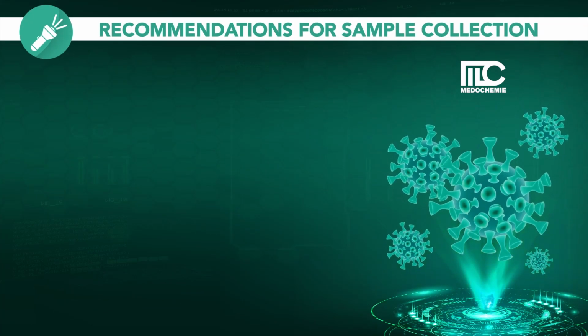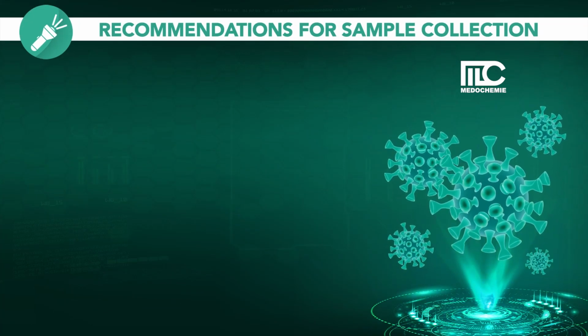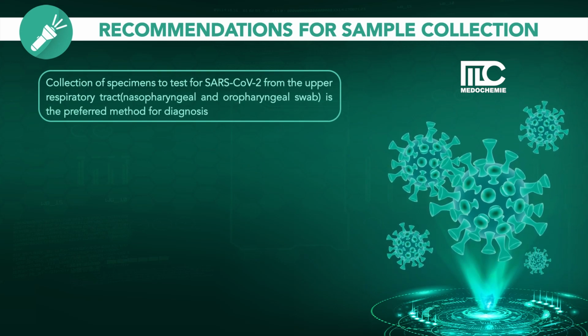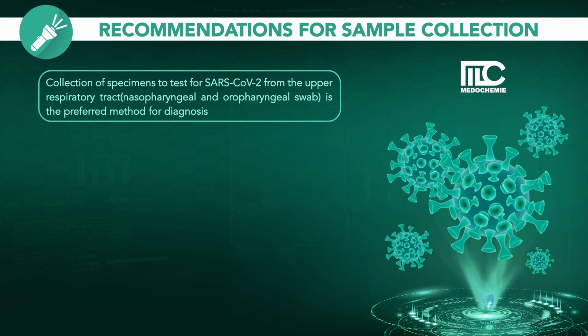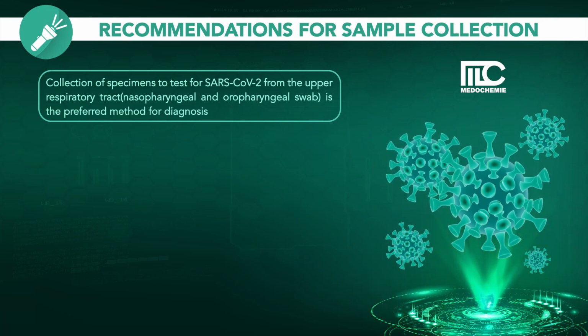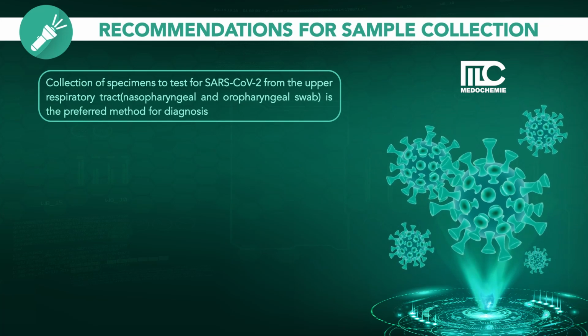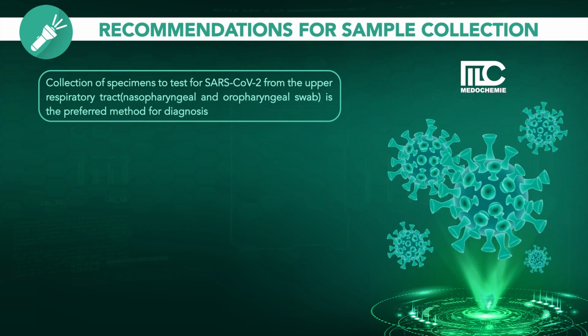Recommendation for sample collection. First, collection of the sample to test for SARS-CoV-2 from the upper respiratory tract, that means nasopharyngeal and oropharyngeal swabs, either from the nose or from the oropharynx.